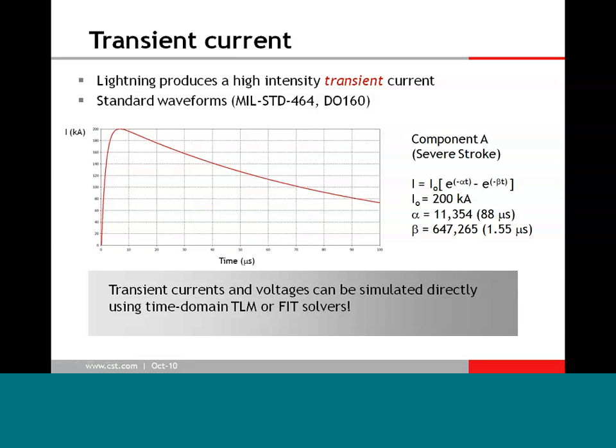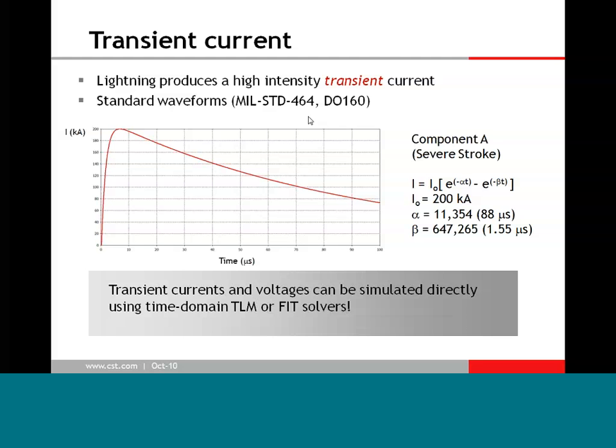And I think you've seen this graph plot several times today, but this is the severe stroke or component A, as used in Mil Standard 464, where we have a peak current of 200,000 amps, and the current rises in about a microsecond or so, but very importantly, it takes a long time for that current to dissipate, many tens of microseconds or even milliseconds.